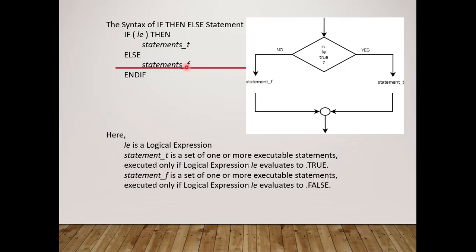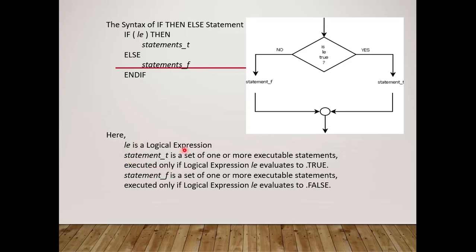If we now look at the flowchart, if LE is true, then you will have this part, statements to be executed. So the statements will be executed if the logical expression is found to be true, and these statements will be executed if the logical expression is found to be false.